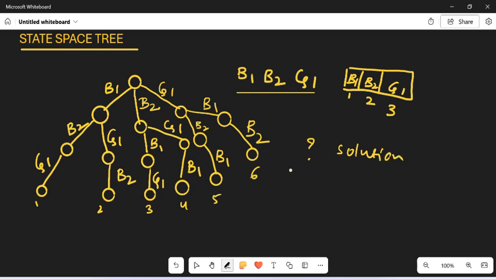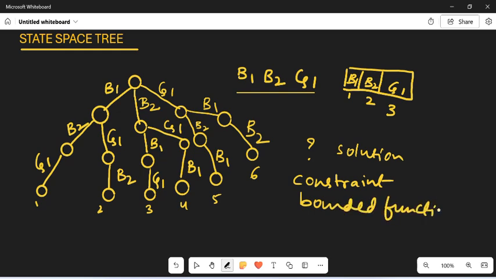Therefore how will you decide that this is a solution? We have to keep a constraint. This constraint we will call the bounded function. Now what is our bounded function here? The bounded function is that the girl should not be in the middle. This is our constraint.